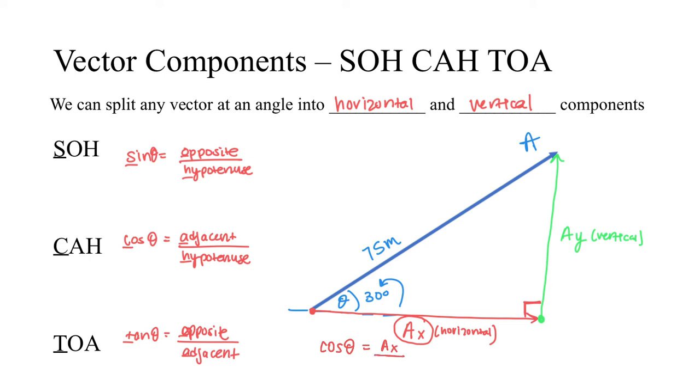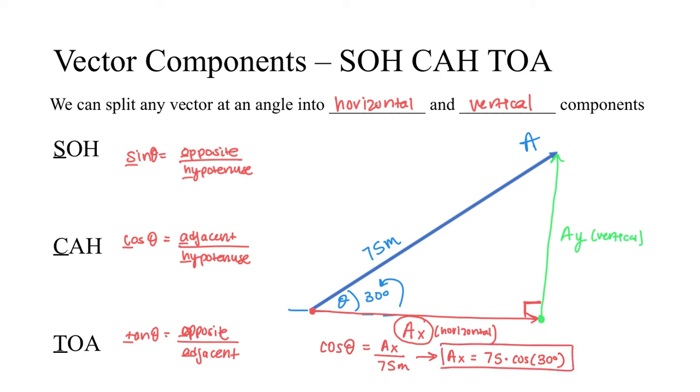In this case, we'll say that's just 75 meters. This is an example. We would be given that magnitude usually. So then if I were to rearrange, A sub x would be 75 times cosine of theta, which in this case is 30 degrees. And that would be my horizontal component here.